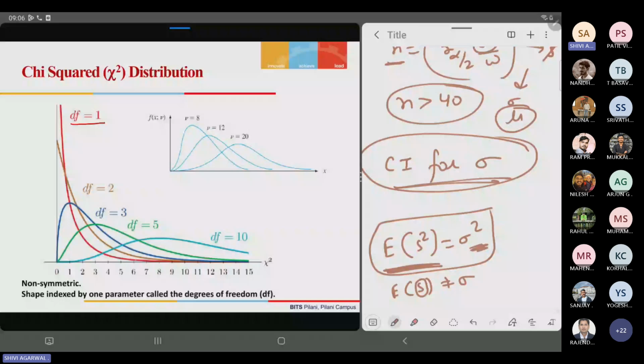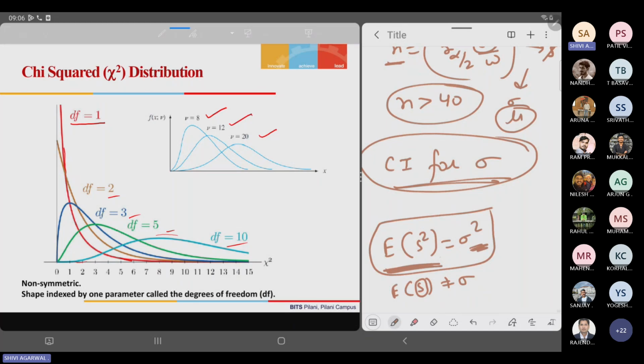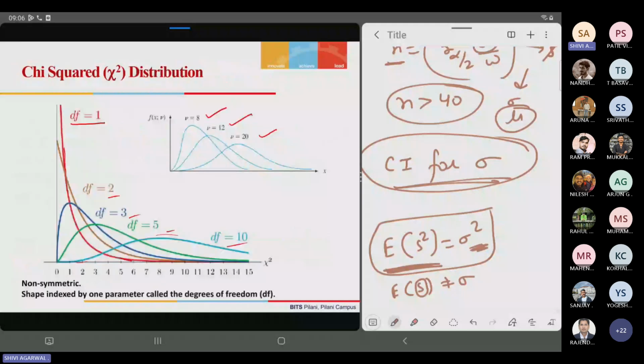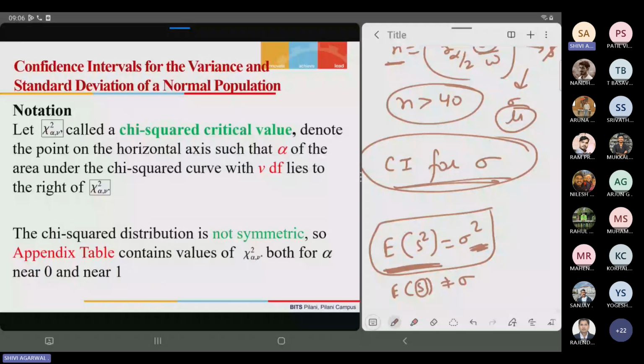But when we increase the degree of freedom, it changes the shape of the curve. It is non-symmetric here. For degrees of freedom 8, 12, 20, the shape of the chi-square curve is changing. So now come to the confidence interval. In the confidence interval, we are using the concept of the critical value of the chi-square distribution.